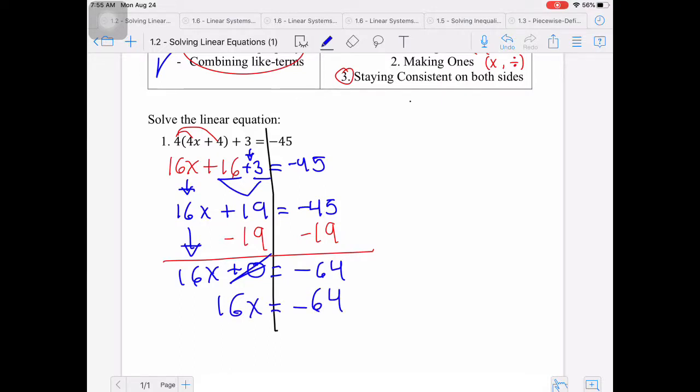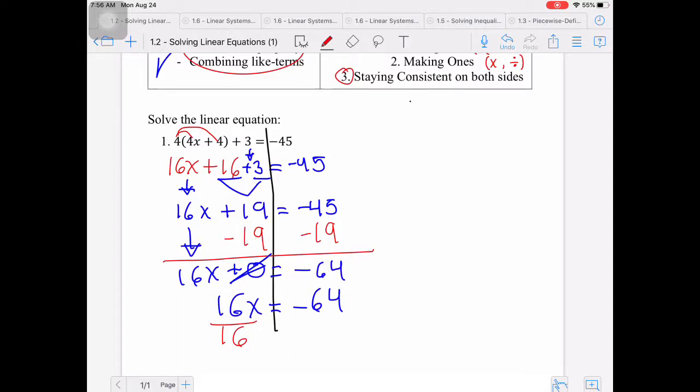The next thing for me to do is to make ones. I want to make that 16x into a 1x, because I want to get x by itself. How do I make 16 into 1? By using multiplication or division. If I divide 16 by itself, 16 divided by 16, I get a 1. So I'm going to divide 16 by 16.